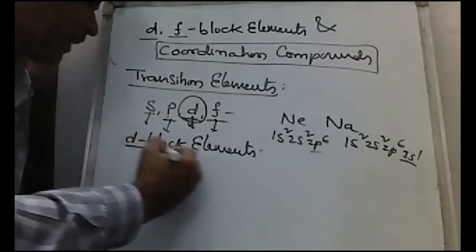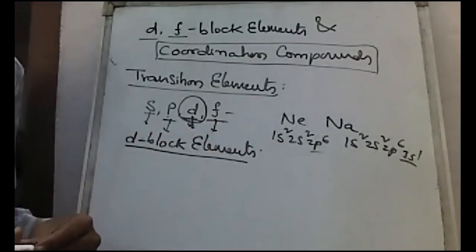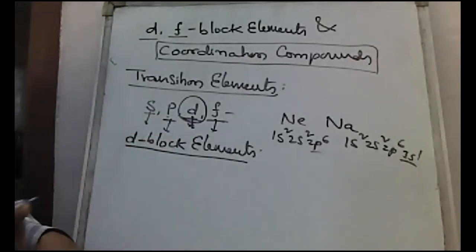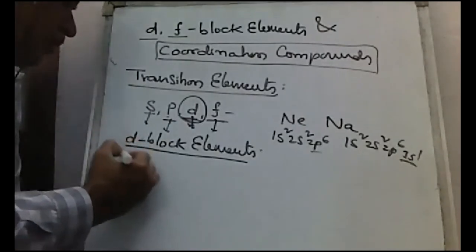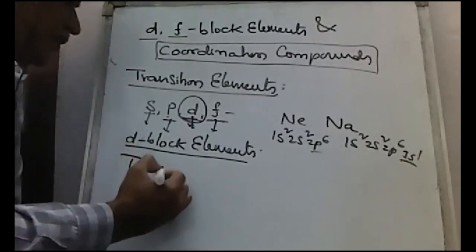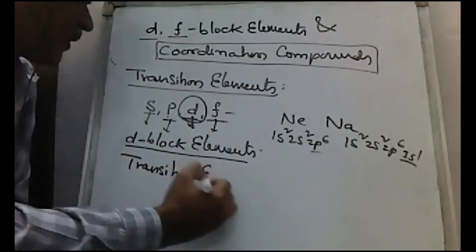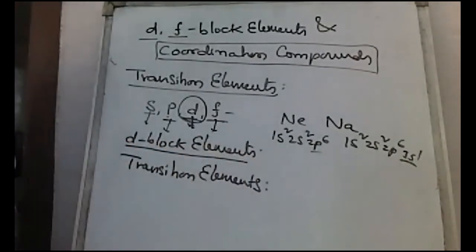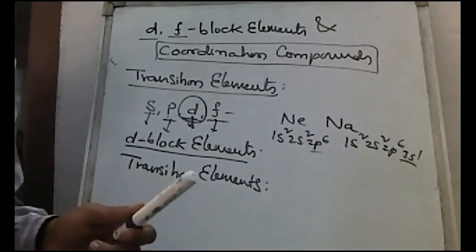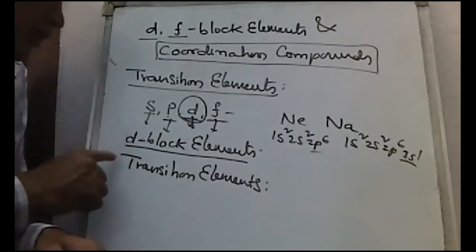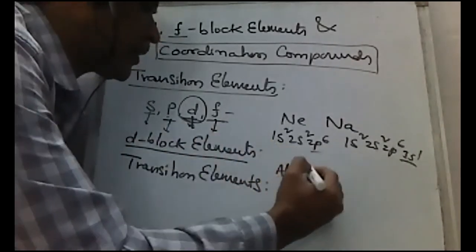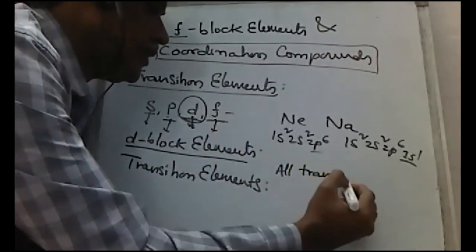If the differentiating electron enters into d orbital, those elements we call d block elements. These d block elements are also called transition elements. See, there is a slight difference between a d block element and a transition element.